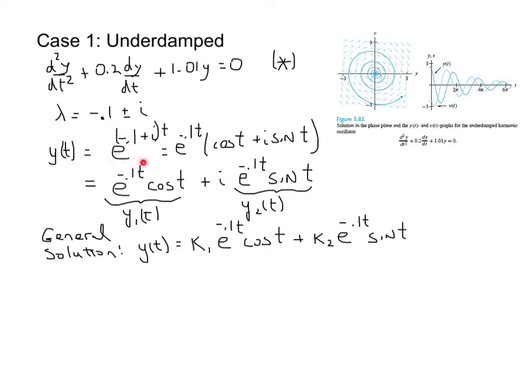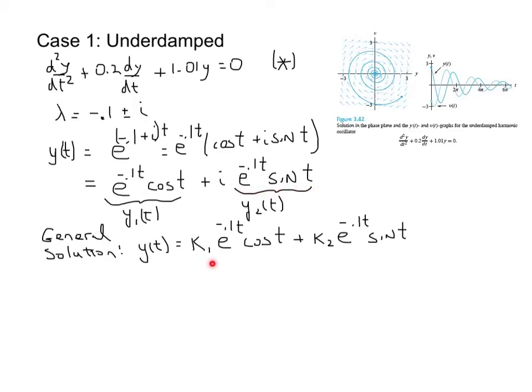Using Euler's formula and saying that solutions are of the form e to the lambda t, we produce this complex function, and there is a real part and an imaginary part. Just as in the vector method, the real part is a solution and the imaginary part is a real valued function that's also a solution.